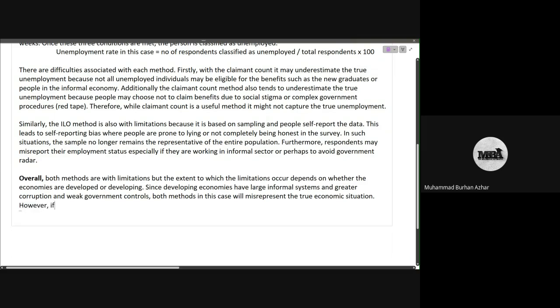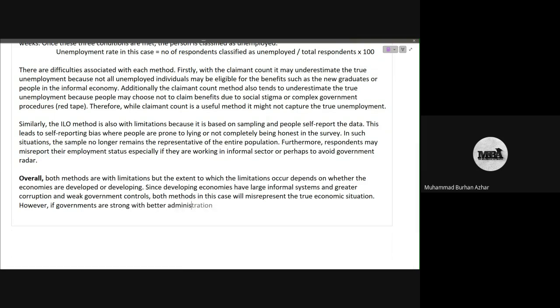However, if governments are strong with better administration and policing, with a low proportion of informal sector, then true unemployment would be easily and accurately measured.